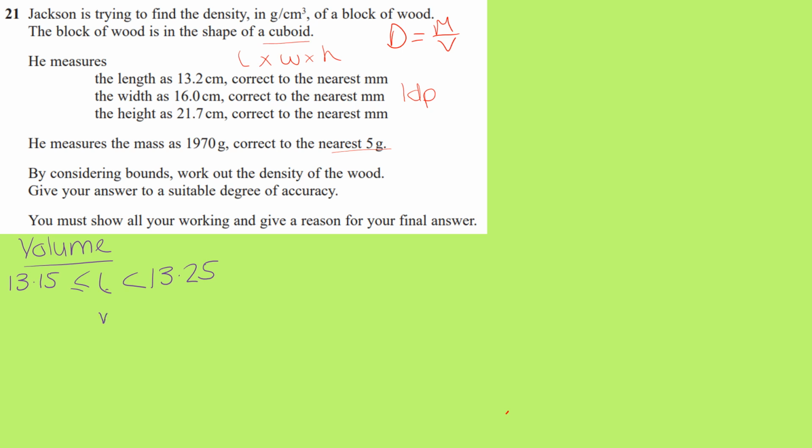Now looking at the width, which may be slightly trickier, 15.95 is where we would have rounded, and that is where I'd round up to 16 to one decimal place. Because this is a 9, it would have rounded up to 16. So that's how we know.